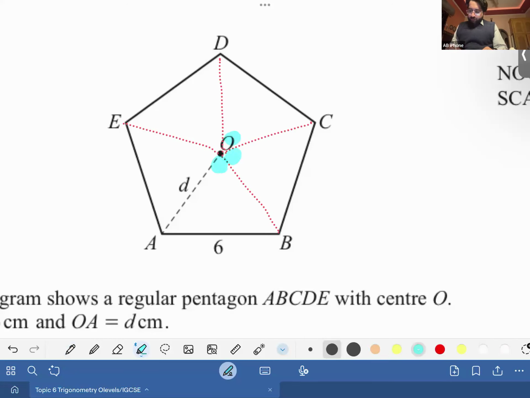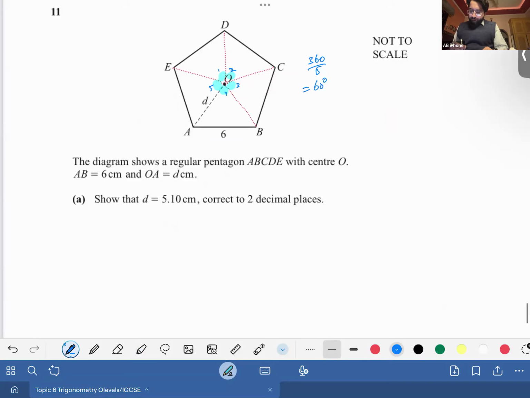Since all of them are equal, the angles at the center add up to 360, or not? Absolutely. So 1, 2, 3, 4, 5. So 360 divided by 5 is how much? 72 degrees.